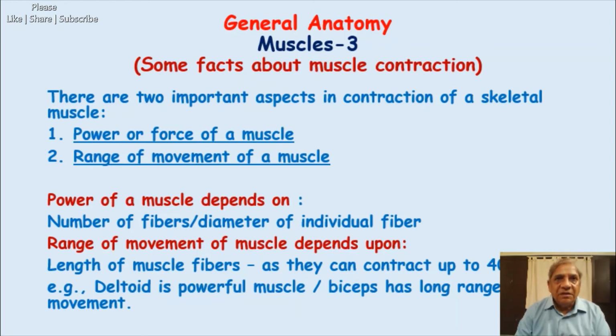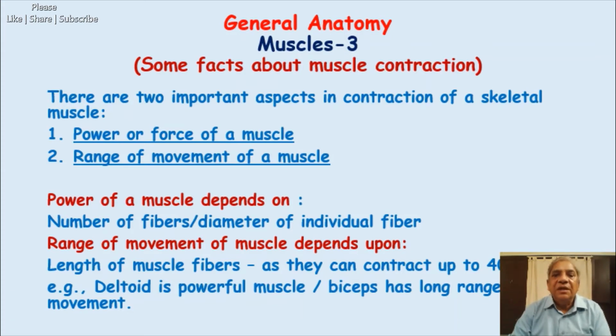On the other hand, the deltoid is a powerful muscle. That means the range of contraction is not much, it is very less. Then, on the other hand, the biceps, which is present in front of your arm, you can feel it in the front of the arm. When it contracts, it brings the forearm towards the arm, that is, flexion takes place at the elbow joint.